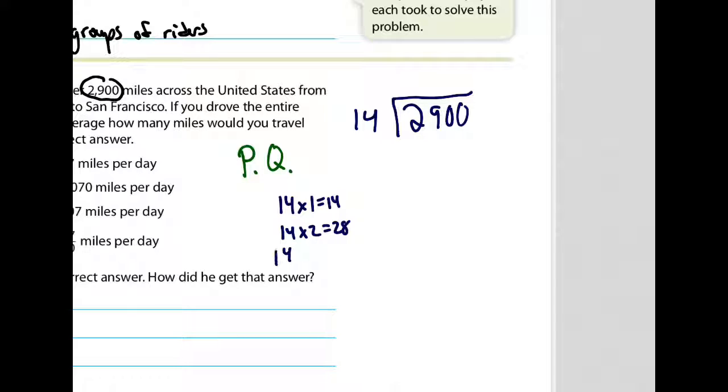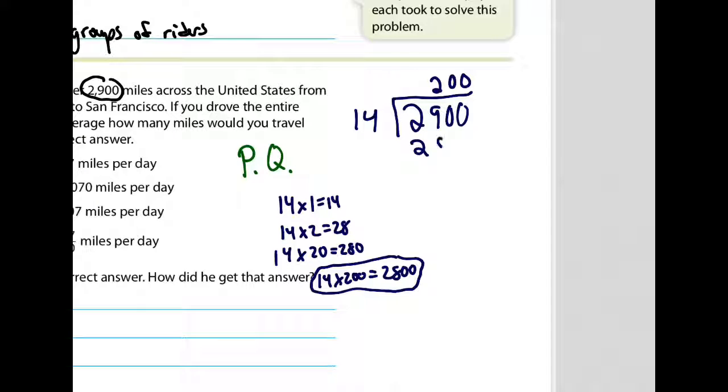I'll write that down. And 14 times 200 would be 2,800. And that's how I'm going to start with my partial quotient. So I'm going to say 14 is going to go 200 times, which will get me 2,800.